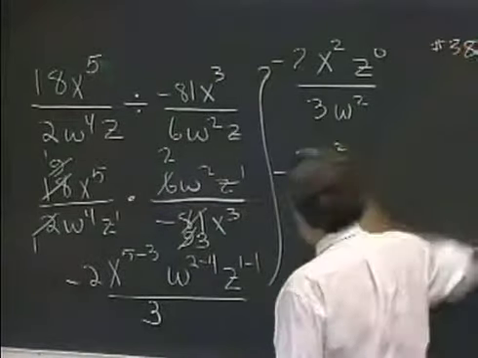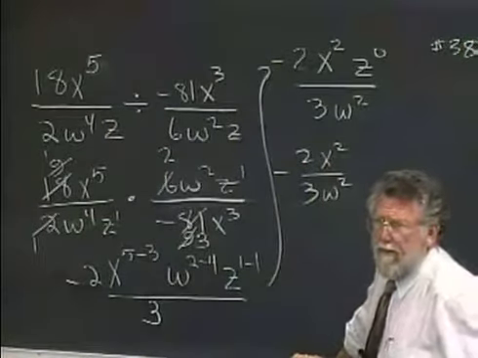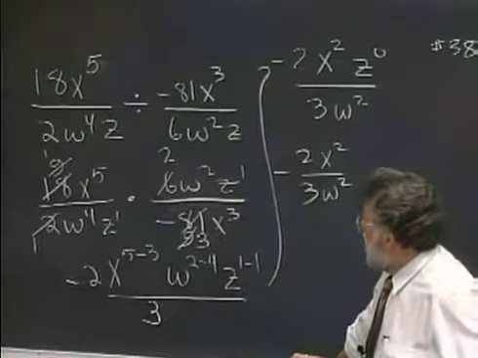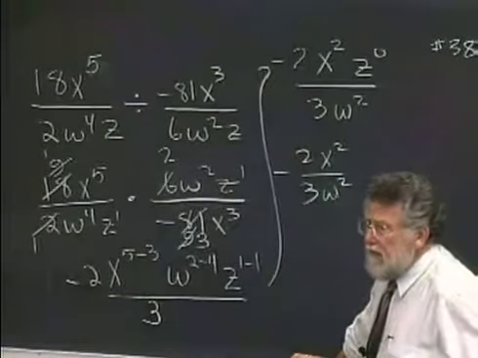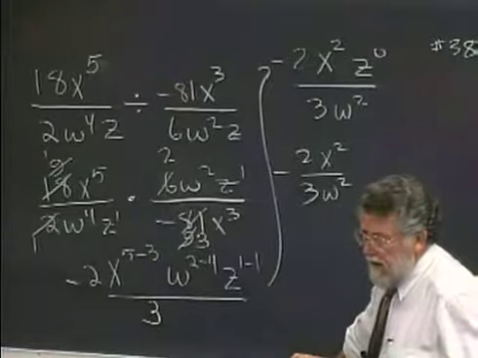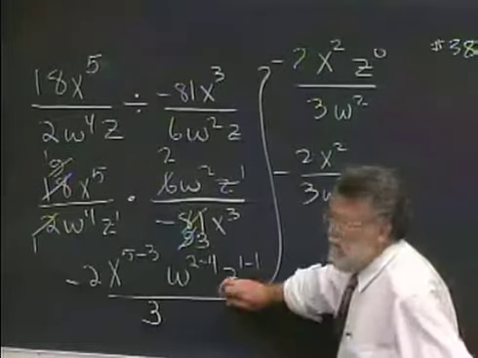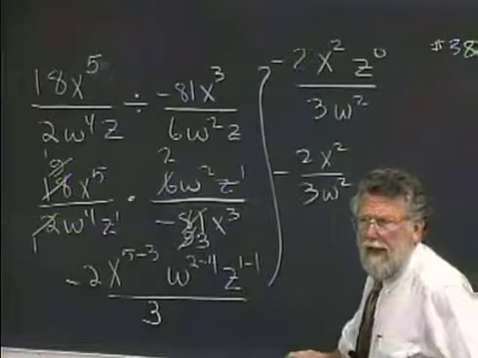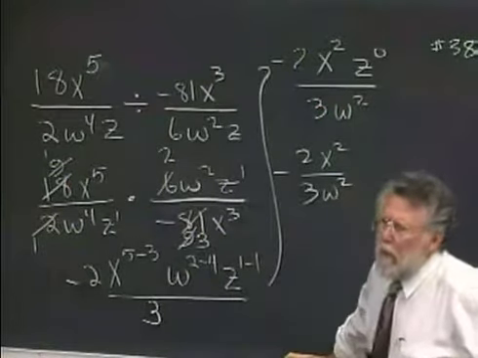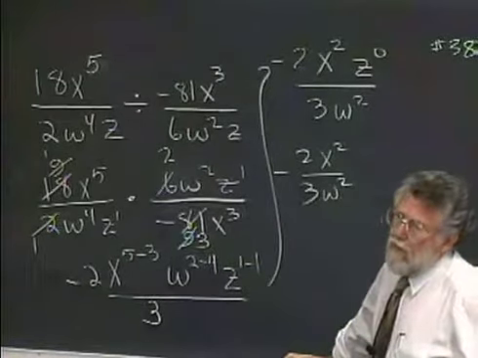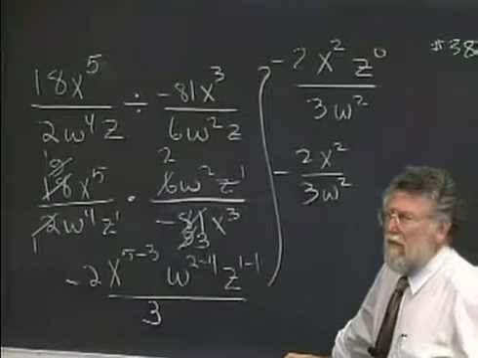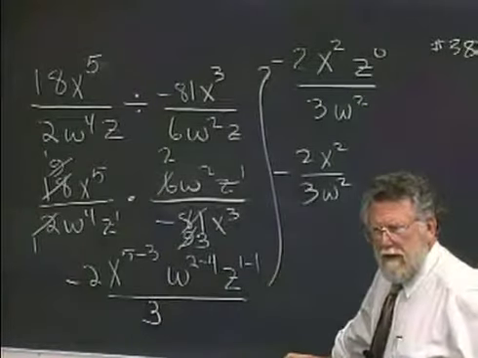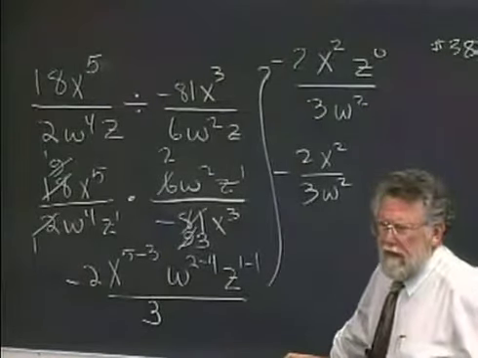Okay, Shamra. My question is, even though the z is to the 0 power, do you have to put that z in there? I would like, as an intermediate step, to emphasize that when you subtract the exponent, you're going to get z to the 1 minus 1, which is z to the 0 power, which is 1. As we go through them and you're trying to practice, I think that's an important step to do.